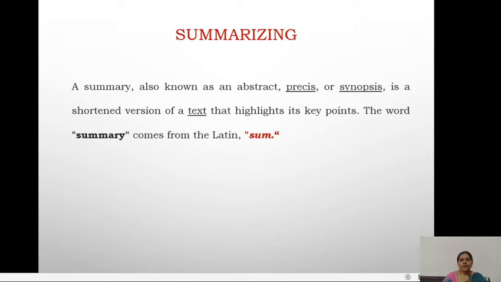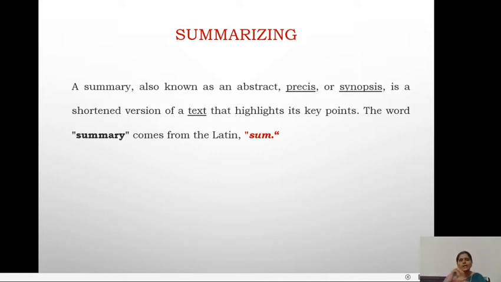So how to do this process is, when you take a text, first we skim it, as we have learnt in the previous videos. When you are reading a text, we follow a few techniques. First thing is skimming, to get an overview of the particular thing.